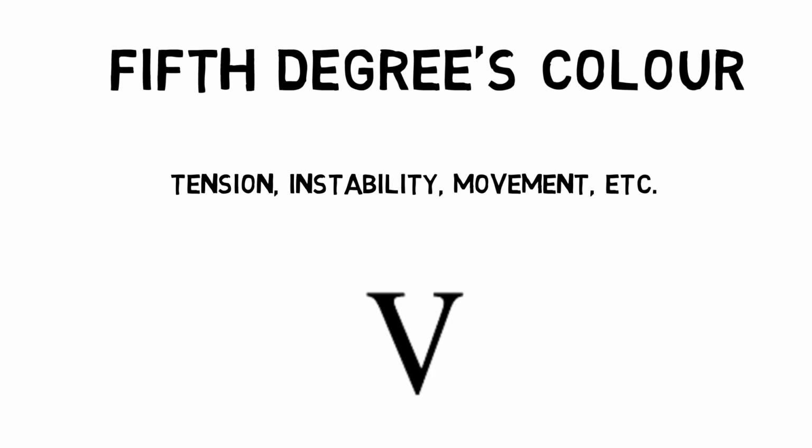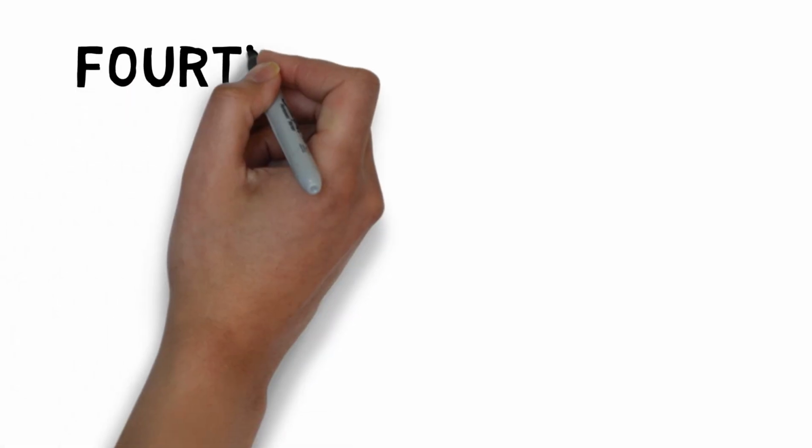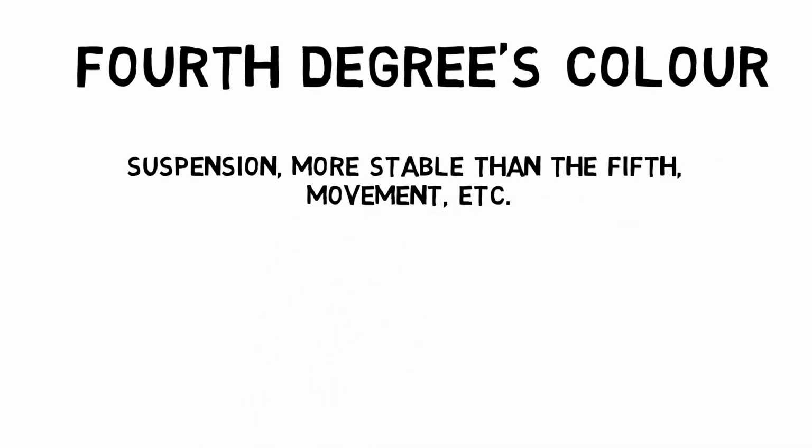This is the 5th degree, and maybe it came naturally to you to solve it to the 1st degree. The 4th degree has a more stable color than the 5th, but it's kinda suspended, it's not really stable. Okay, I think you understand the concept, so I'll let you explore the remaining colors.